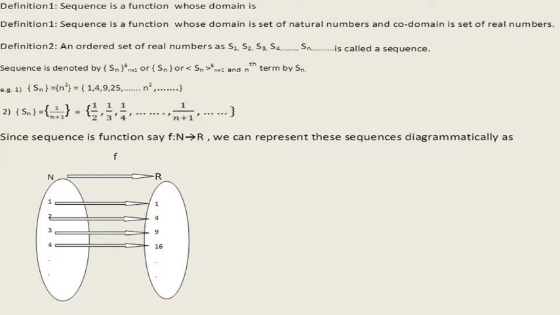So for example, sequence Sn is equal to n square. The terms in this sequence are obtained by putting n is equal to 1, 2, 3, 4 and so on. So the terms will be 1, 4, 9, 16 and the nth term will be n square and so on.